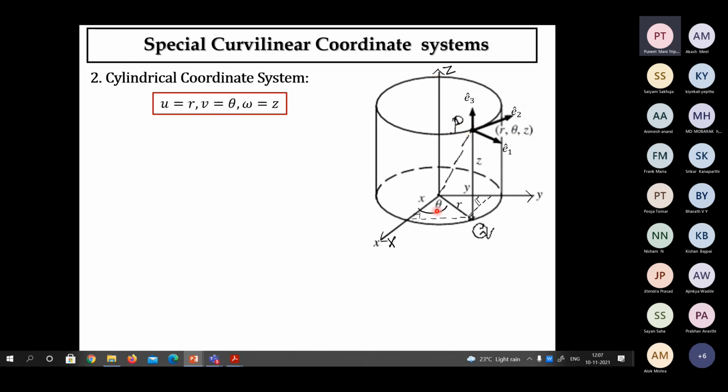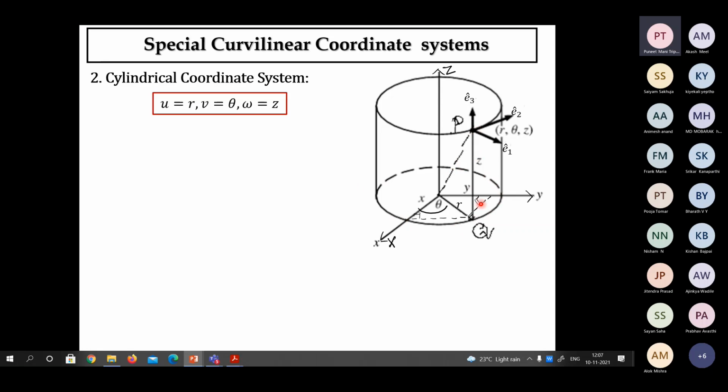Here let us consider the frames of reference x, y and z. If this is point P, let us assume the projection of P on the xy plane. You can even assume a circular plane over here.